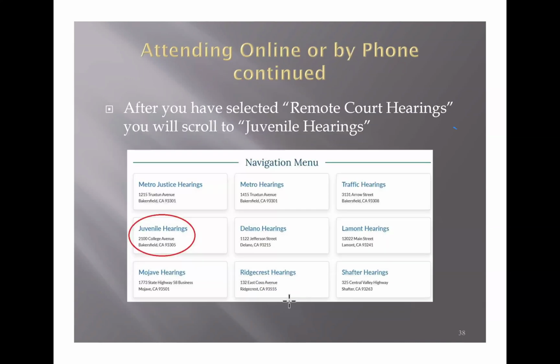And this will not make sense to you because it says juvenile hearings, but that's because the probate department courthouse and clerk's office is in the Juvenile Justice Center building. Okay, and they only have one courthouse, one courtroom. So that's why it's under juvenile hearings.